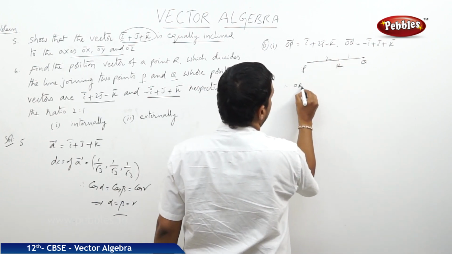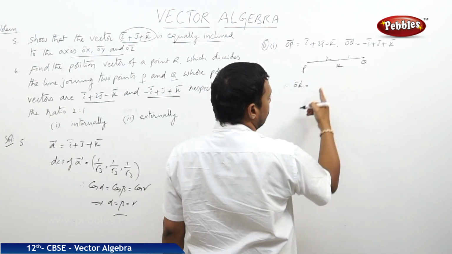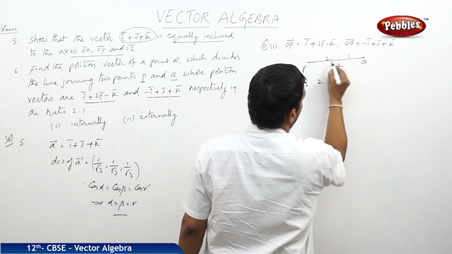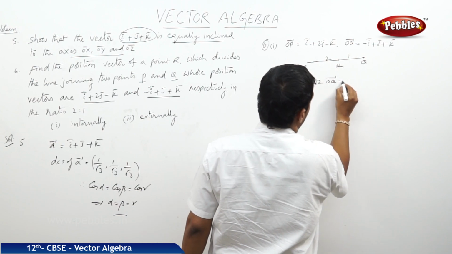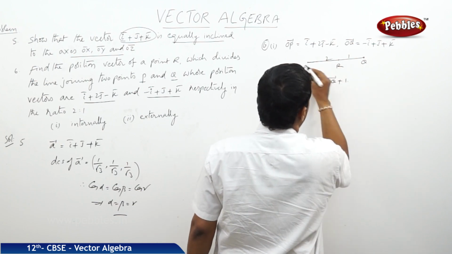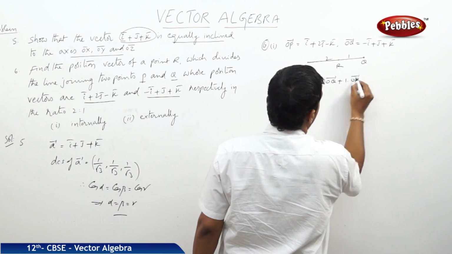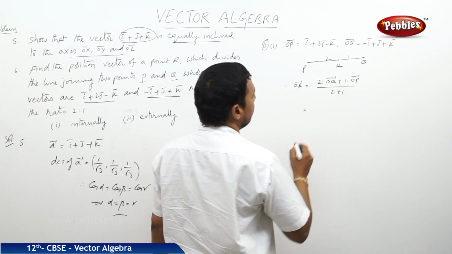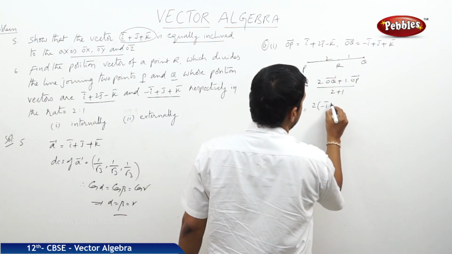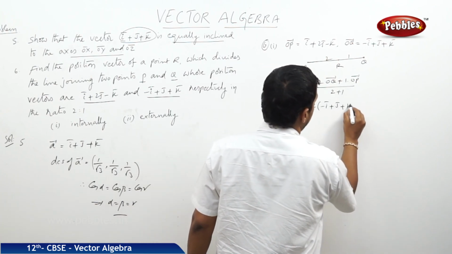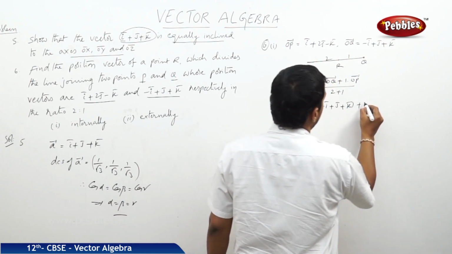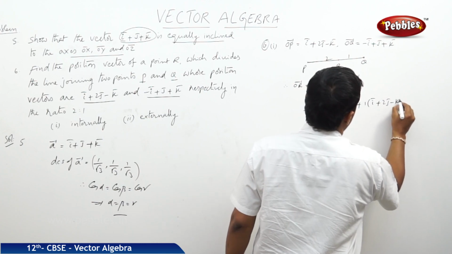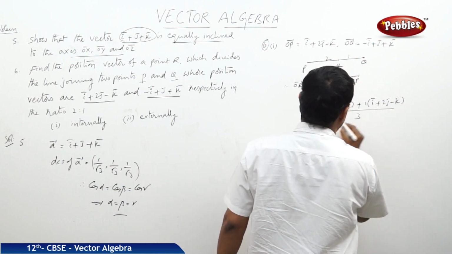Therefore, the position vector OR bar is equal to (2 into OQ vector plus 1 into the position vector of P, that is OP bar) by (2 plus 1). Now 2 into (minus i plus j plus k) plus 1 into (i plus 2j minus k) by 2 plus 1, which is 3.